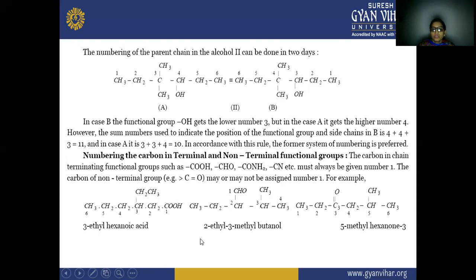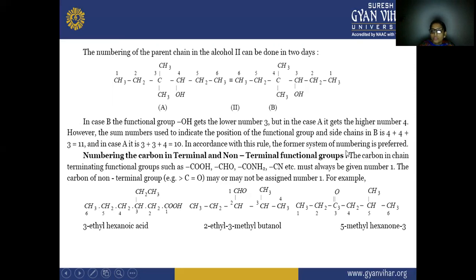Next, the numbering of the parent chain in the alcohol can be done in two ways. Here you can see in case B the functional group OH gets the lower number 3, but in case A it gets the higher number 4. However, the sum of numbers is used to indicate the position of the functional group and the side chain.